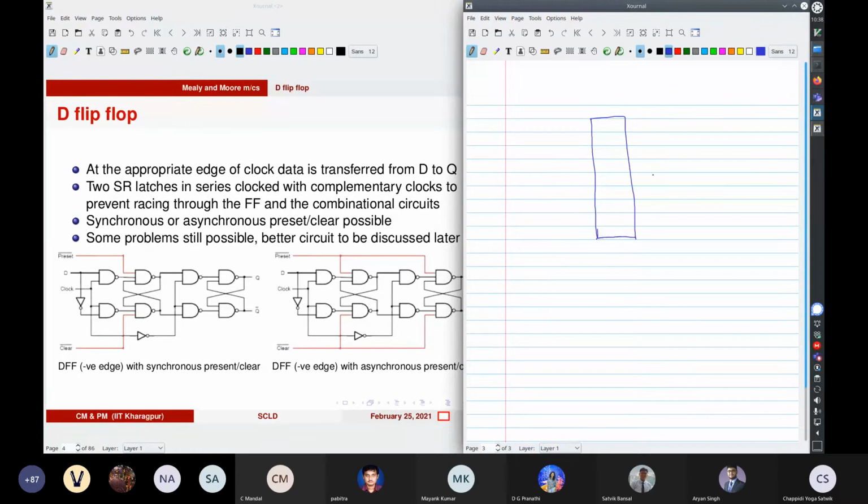These state variables constitute your present state. You can use the values of the state variables.